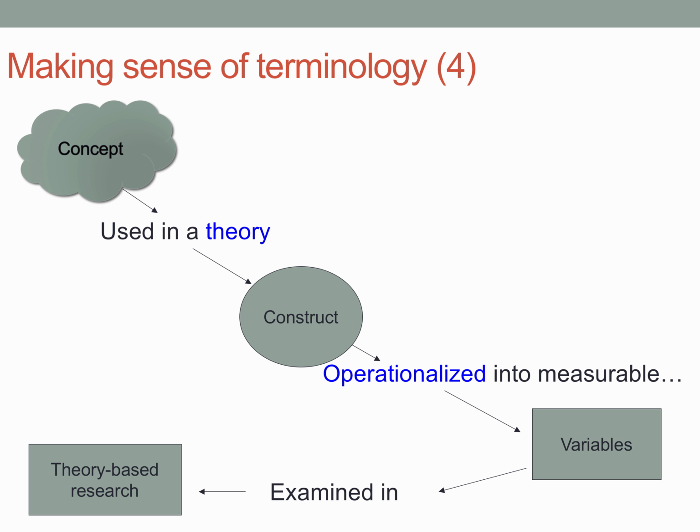Until we operationalize that construct into something measurable, like variables, then we have something we can actually ask people a question about and extract data from them so we can actually examine that and test these types of theories, these types of hypotheses in the research that we do. Hence, we are working with theory-based research. It is research that we're conducting that is based on a theory, theory-based research.